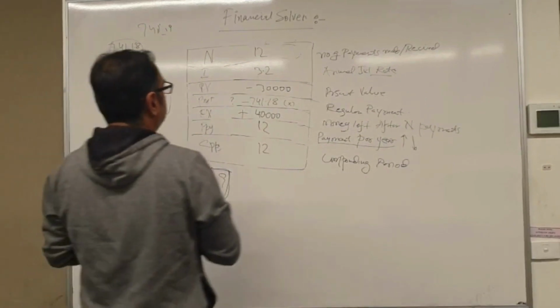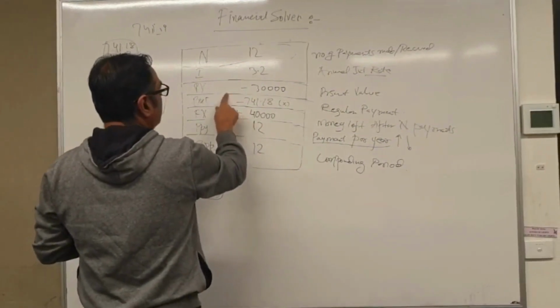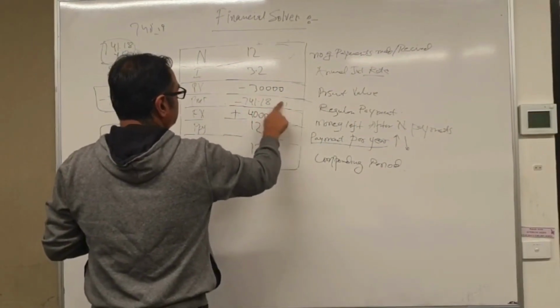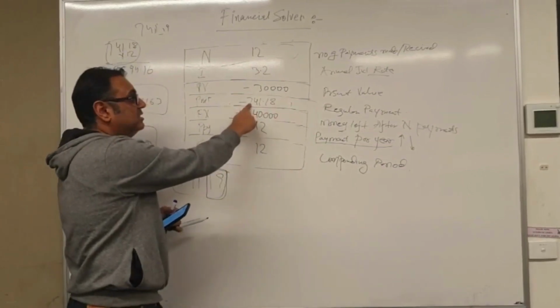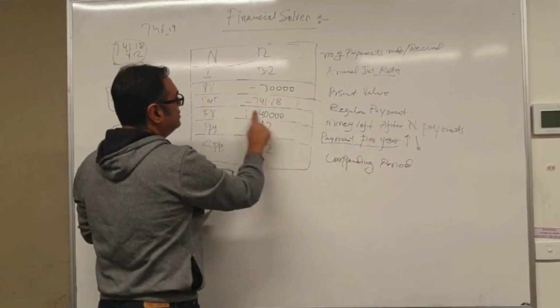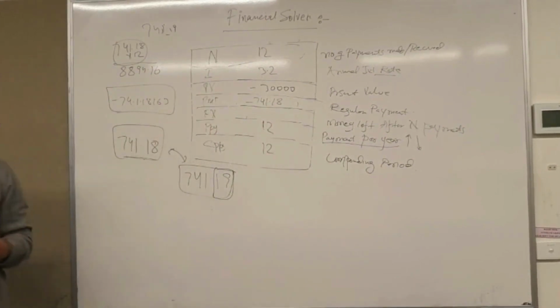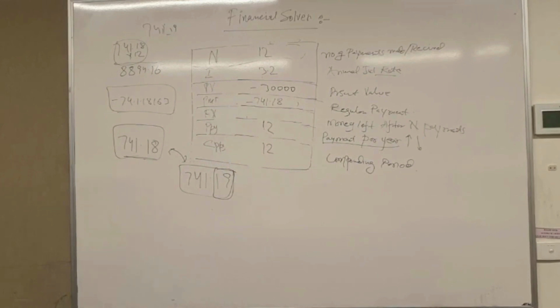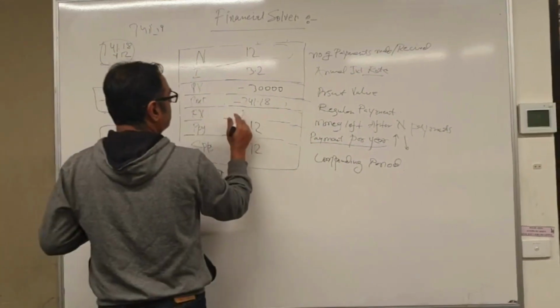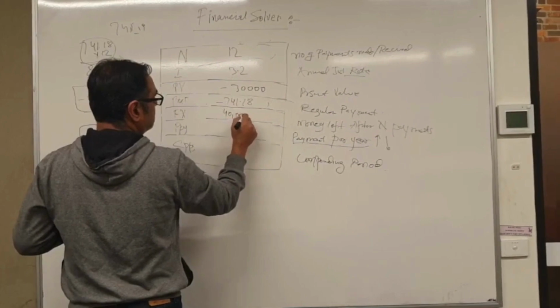Do one thing for me. How do you validate this? Now let this be 18 in your answer, take your future value off and press enter on future value. See what you get. 40,000. Exact 40,000, is it? Yeah.